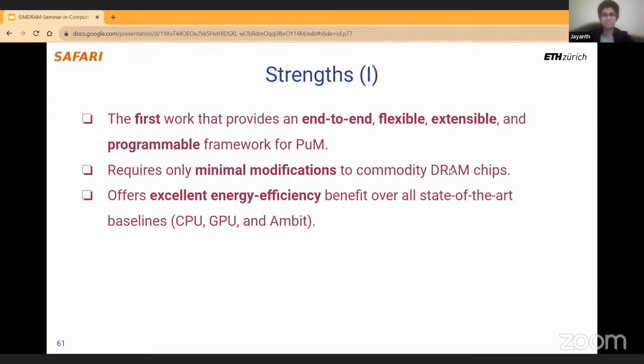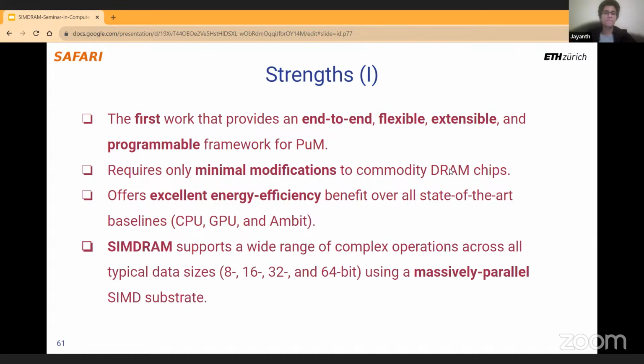And it offers excellent energy benefits over all state-of-the-art baselines. And the paper discusses and implements SIMDRAM across all common data widths, 8-bit to 64-bit, using a massively parallel SIMDRAM substrate.